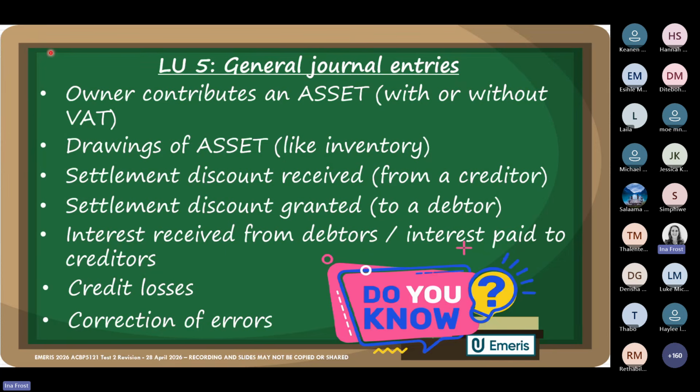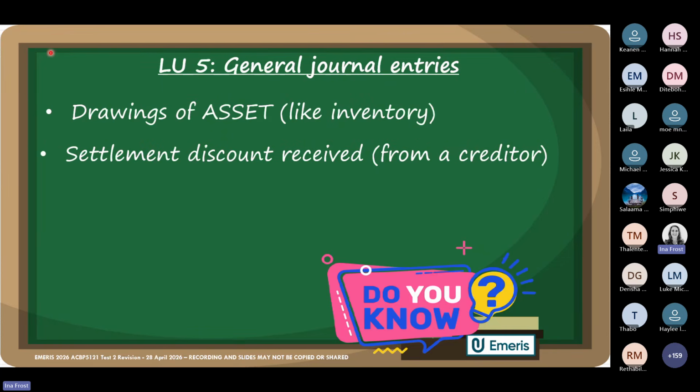What you also have to remember is that we said earlier the reason we started with Learning Unit 6 was because Learning Unit 6 and the inventory systems are going to impact every question that we do.